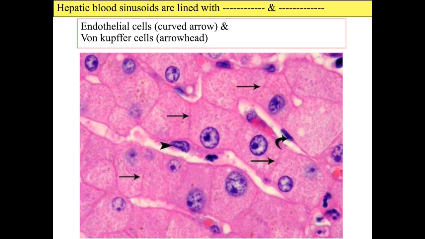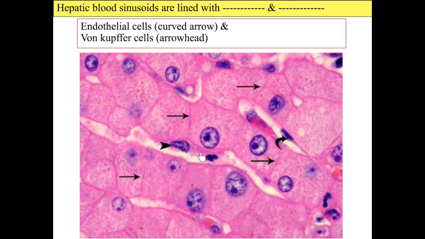You may be asked about the EM picture. What is the most prominent organelle? It will be lysosomes. Why? Because it is a phagocytic cell. You may be asked about the function of this cell. It is the phagocytosis of all unwanted material passing through the blood sinusoid, to prevent its arrival to the circulation of the liver or to the liver cells themselves.